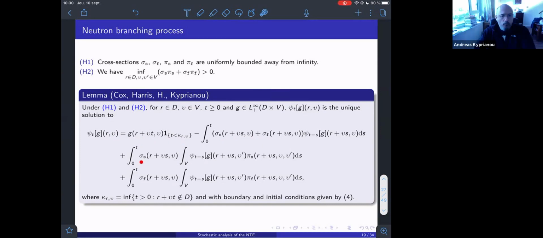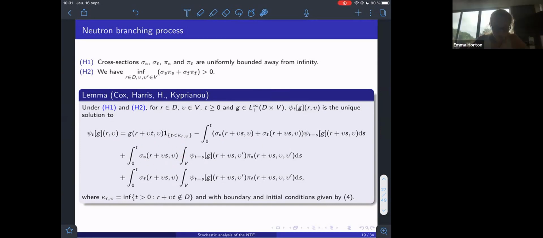If it was a scattering event, which occurs at rate sigma_s, then I can put down a new particle with velocity v prime that's chosen according to the probability density function pi_s. And similarly, for a fission event at rate sigma_f, I put down some number of neutrons, which is described by the density function pi_f.